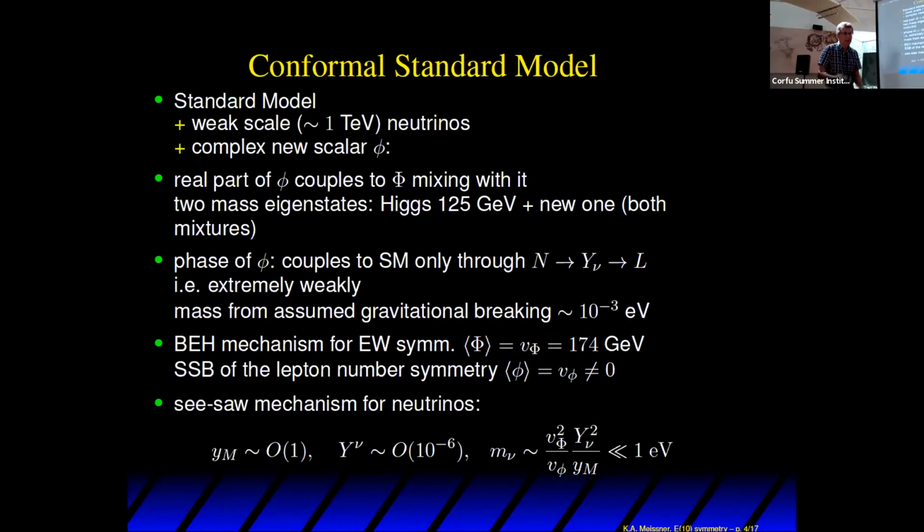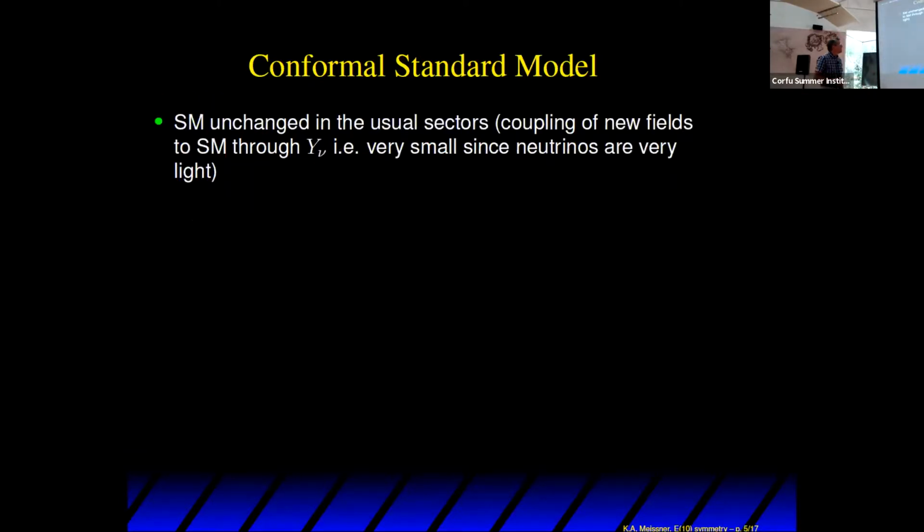So that makes the mass small. And that assumption, Y nu is very small, makes all the precision tests of LEP viable because the new sector doesn't couple to the standard model or couples very, very weakly. Okay, so the SM is unchanged in the usual sectors.